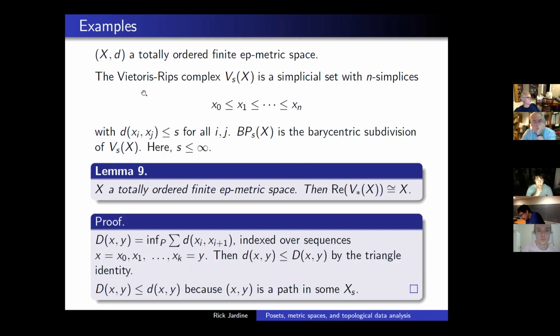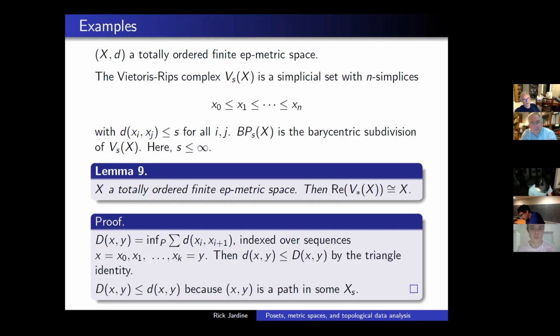And so we have examples. If I give you a totally ordered finite extended pseudometric space, then I can write down the Vietoris-Rips complex in a nice way using that ordering. In other words, I take V_s of X to be the simplicial set with n-simplices given by strings of relations written that way between the various elements.